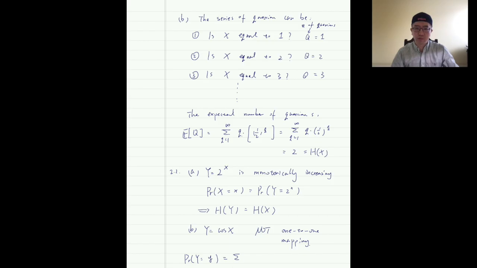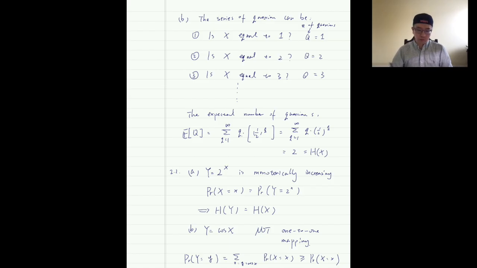In this case, we need to sum over all the x such that y equals cosine x, right? Does that make sense? Then that is the sum of probability x equals x, and we can see this one is clearly bigger than or equal to the probability of x equals x, for any x such that x is here.